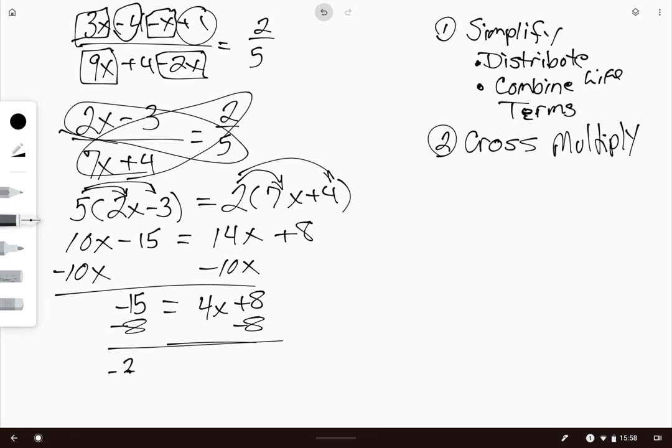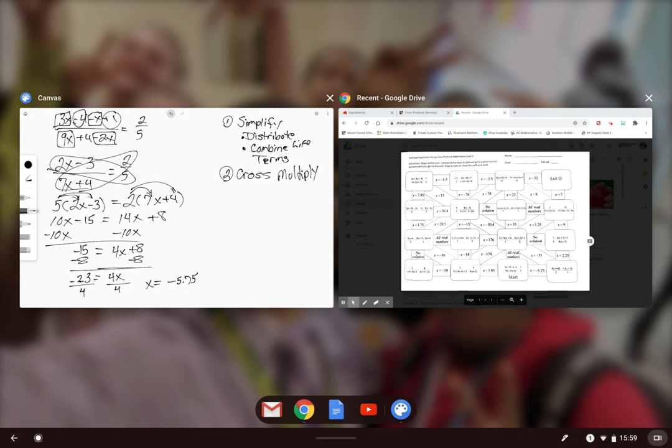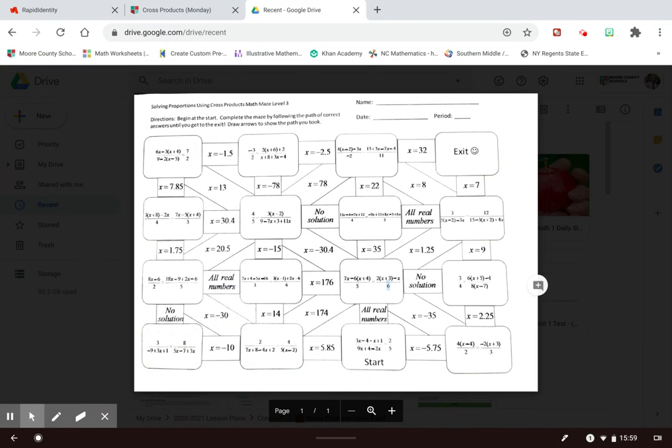That leaves me with negative 23 equals 4x. Divide both sides by 4. So here, x is going to equal negative 5.75. So if I go back to my maze, I see negative 5.75 is to the right.